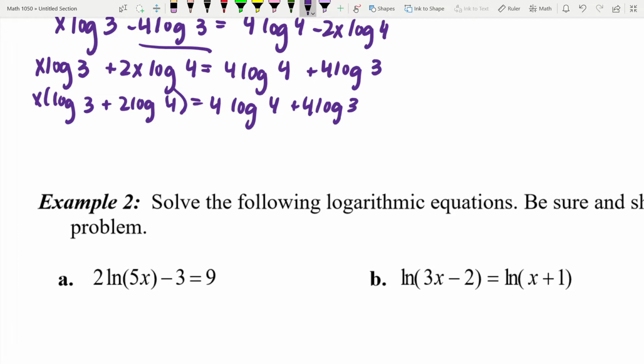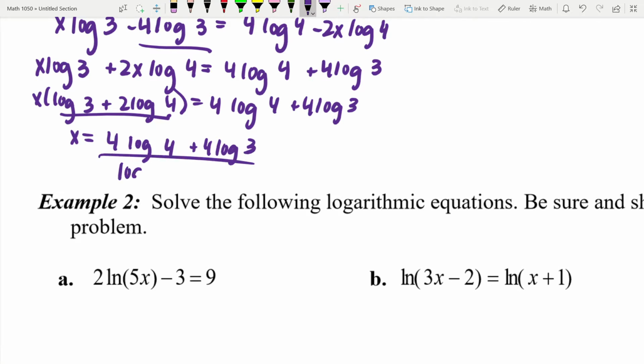How could you not know which one goes on the bottom? This one's the one that's multiplied by the x and you're trying to get rid of it. So you divide by that guy. So your answer is x equals 4 log 4 plus 4 log 3 over log 3 plus 2 log 4, like that.